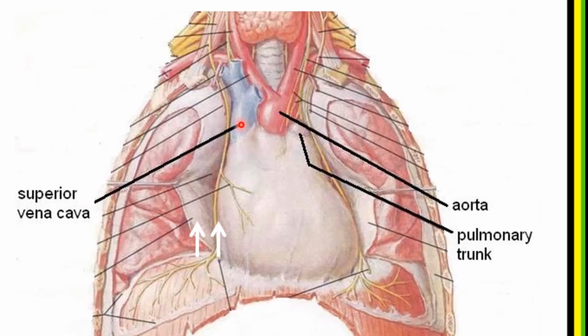Now this fibrous pericardium will fuse with the tunica adventitia of these vessels, or the outer lining of these vessels. When we follow the fibrous pericardium distally, we'll be looking at the fusion of the pericardium with the central tendon of the diaphragm, and this is where that fusion is taking place.